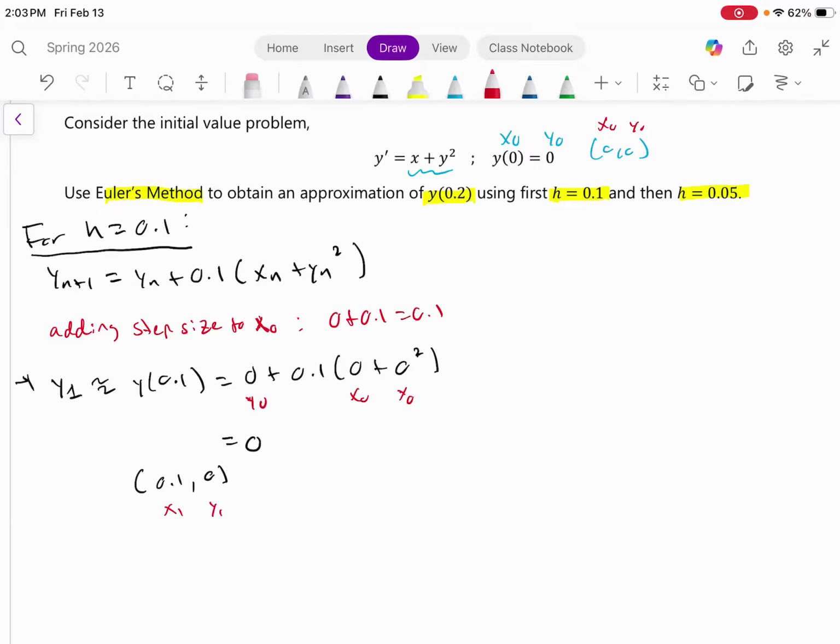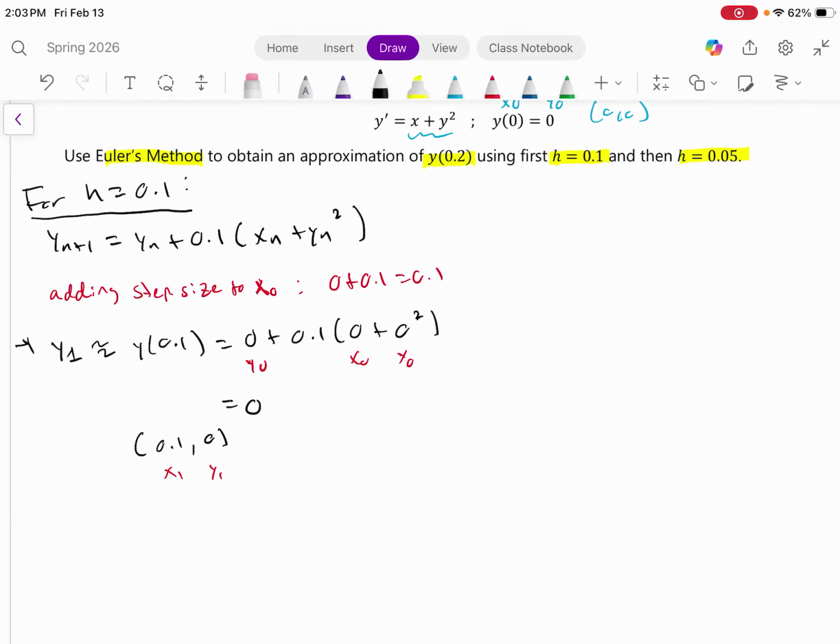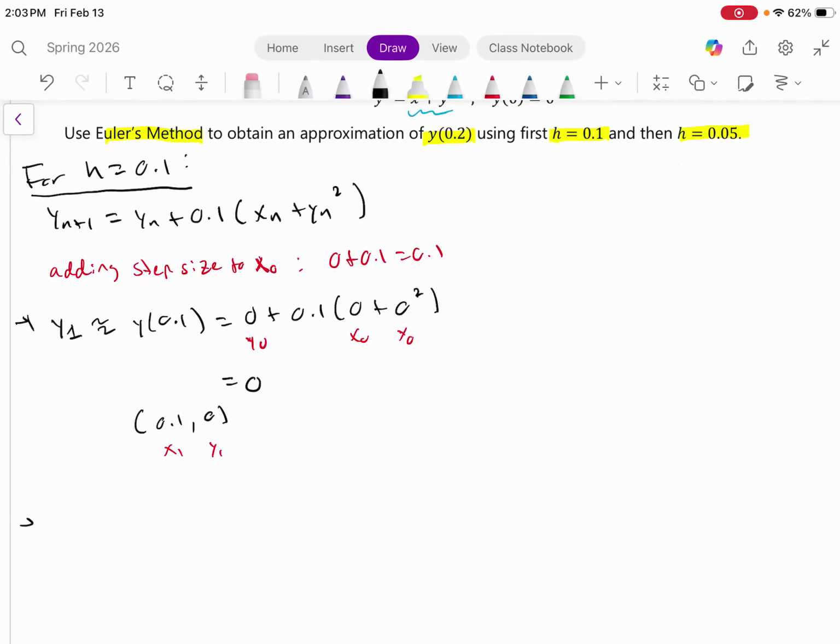We want to get up to 0.2 for x, so let's do another approximation. y2 is going to be y of 0.2. I'm adding 0.1 to 0.1, going up a step. So this would be 0 plus 0.1 times 0.1 plus 0 squared.